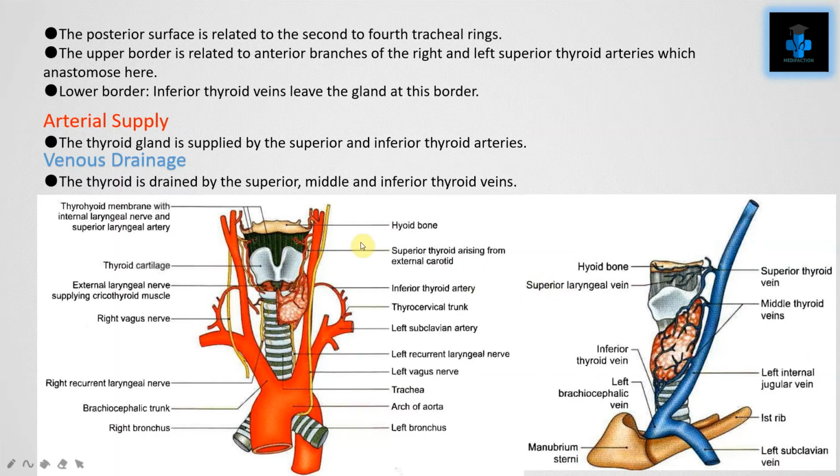Now let's learn about the arterial supply. The thyroid gland is supplied by the superior and inferior thyroid arteries. This right here is the superior thyroid artery arising from the external carotid artery, and the inferior thyroid artery is right here.